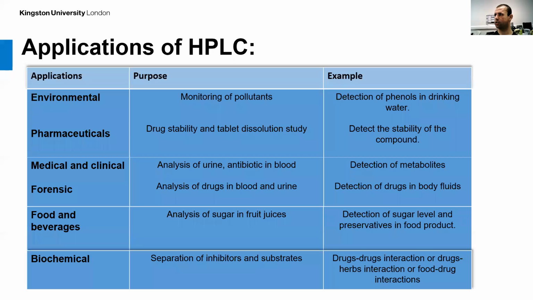Applications of HPLC. HPLC can be used in many applications, including environmental applications, such as monitoring of pollutants, a detection of phenols in drinking water, for example. It's been used in pharmaceutical applications, such as study of drug stability and tablet dissolution, and in medical and clinical applications, such as the analysis of urine and antibiotics in blood.